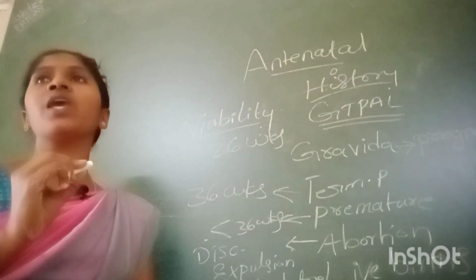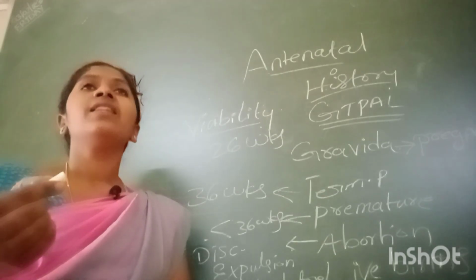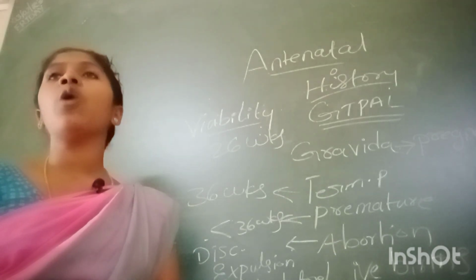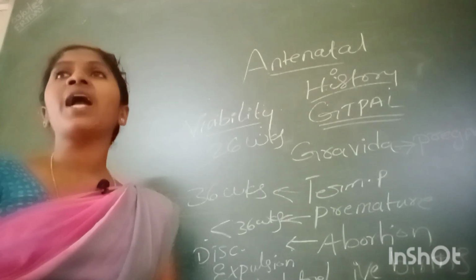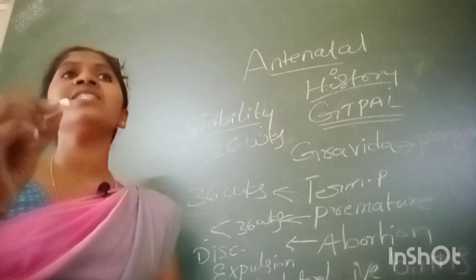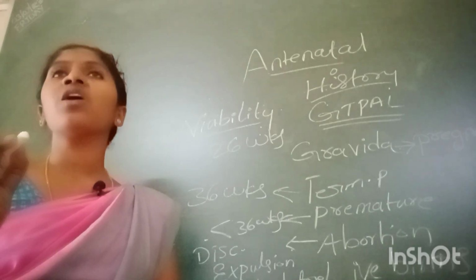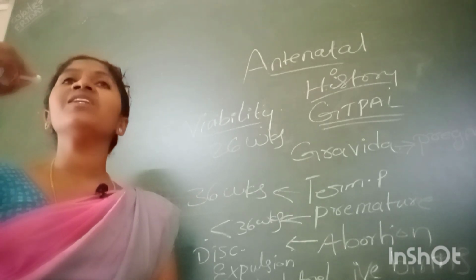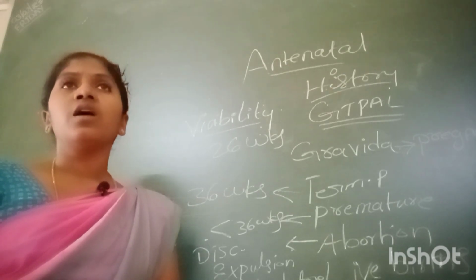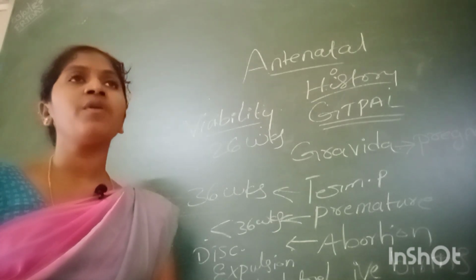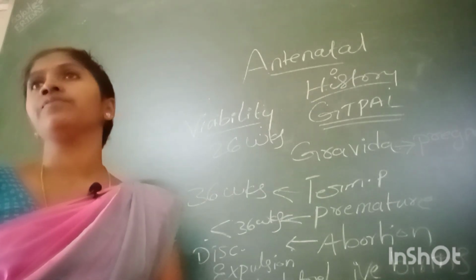Before 26 weeks, if the baby is delivered, there are very few chances of surviving out of the uterus because the baby's lungs and vital organs are less mature. So, if the baby is kept in an incubator, then the baby can survive and come out healthy.